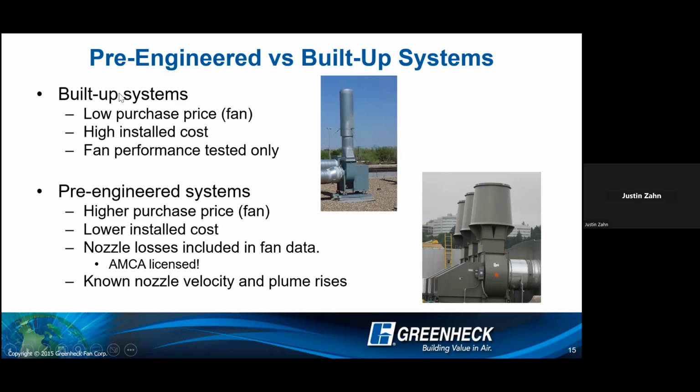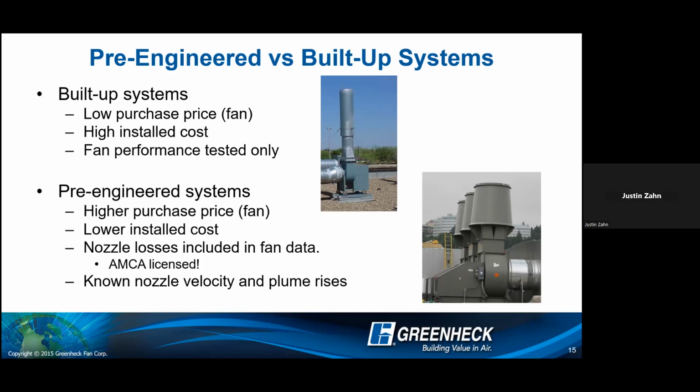Another thing with built-up systems is that you're going to notice this system is not that tall, but guy wires are required on it. These systems need guy wires because most of the time the roof curb is provided by a third party, and you don't know how the fan from whichever manufacturer you're ordering from is going to sit on that curb, meaning you don't know how stable it will be, because it was never previously tested.